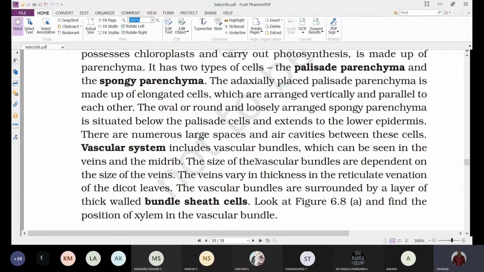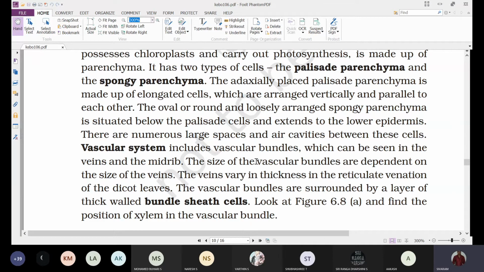That means the parenchymatous cells which are present towards the upper epidermis are placed vertically and are compactly arranged with no or little intercellular spaces.